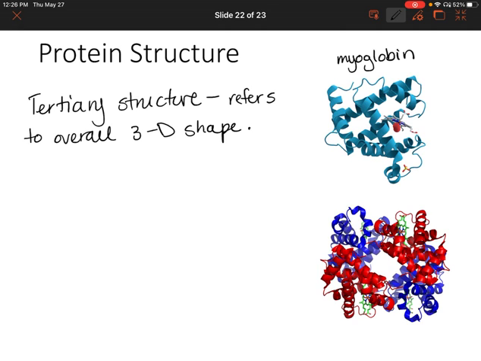And notice these alpha helices that form in the structure. I don't see any beta sheets, but that's okay. So the polar groups, like let's say we have some R groups coming off here, those side chains, if they're polar, they're going to point outward.